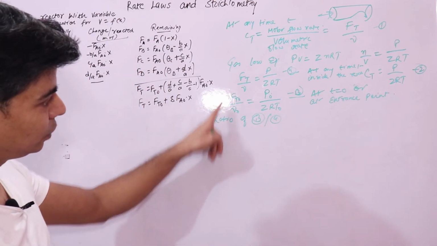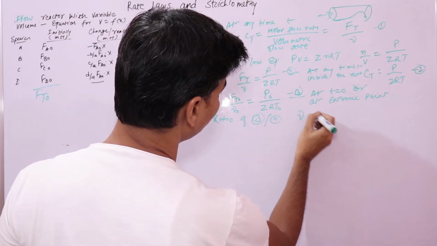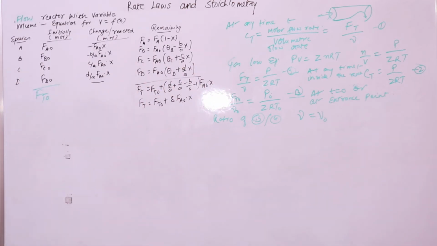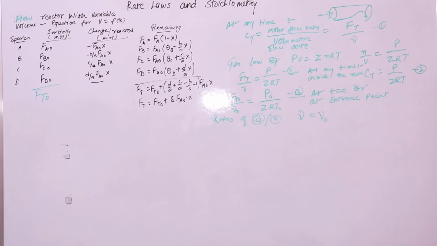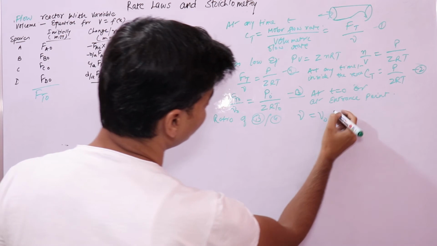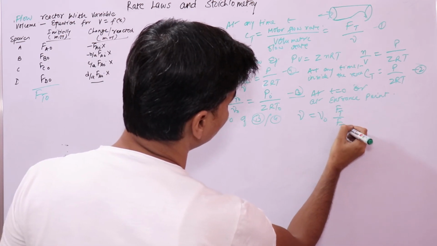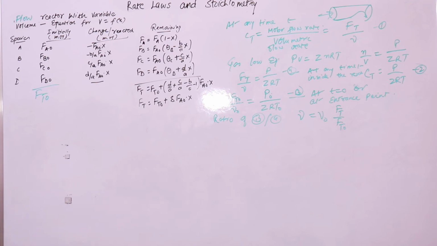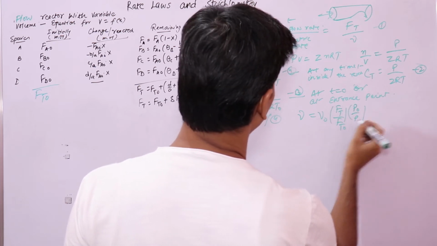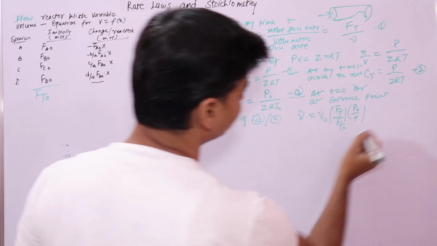If you divide these two, you get nu equals nu_0 times F_t upon F_t0, times P_0 upon P, times T upon T_0.